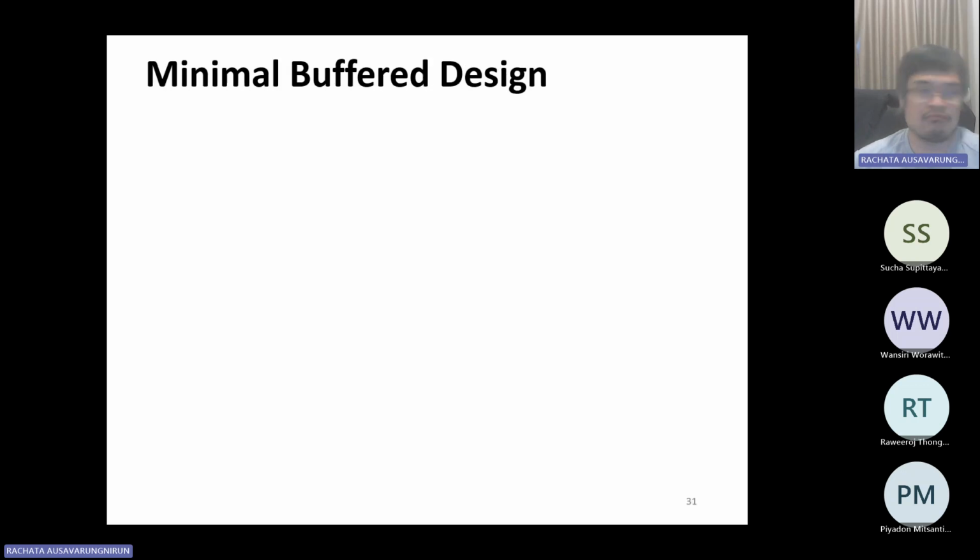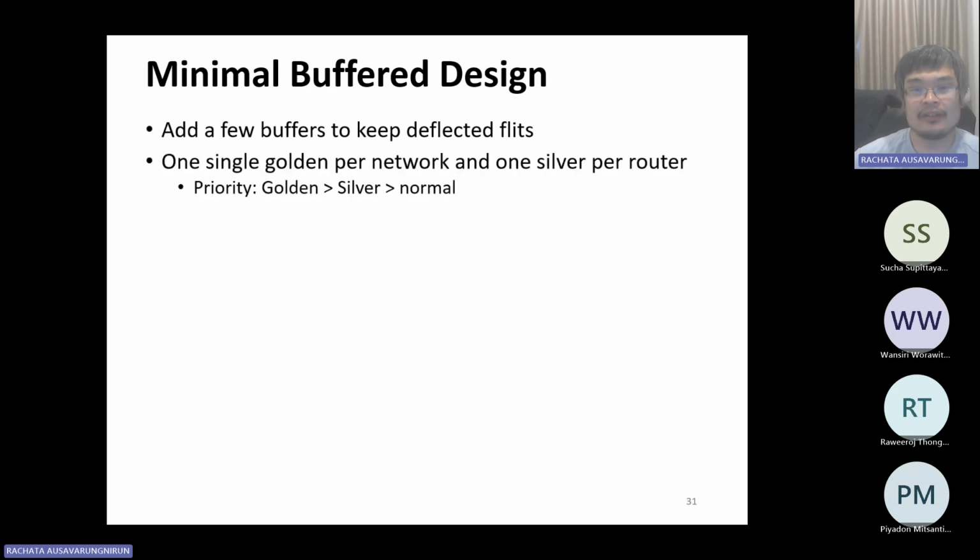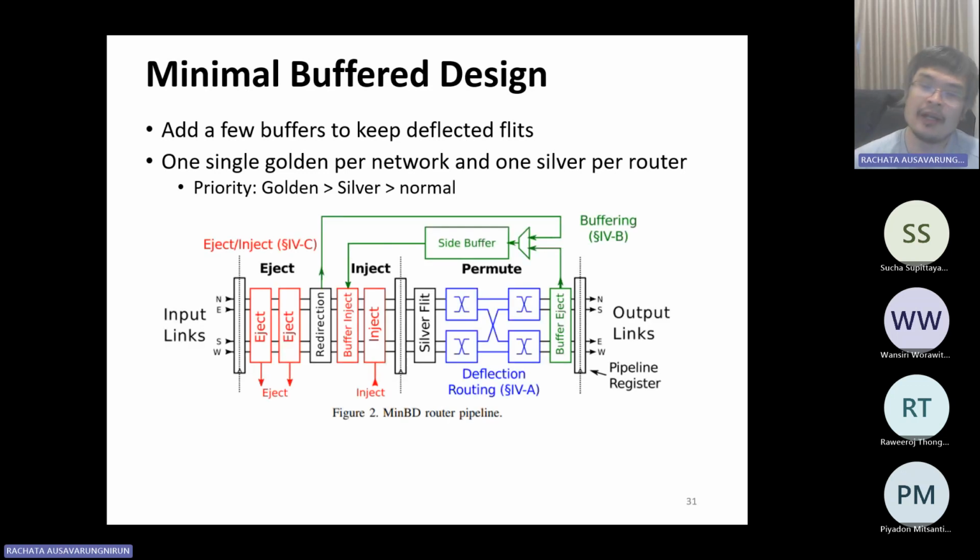You can also look at, well, we keep a few buffers and deflect most of the packets, right? We do have a follow-up paper called MinBD, which is a minimal buffer design. But most of the time we deflect. Most of the time we don't need a buffer, except for a case where we have the side buffer: if I have to deflect, I can also put the packet in the side buffer.